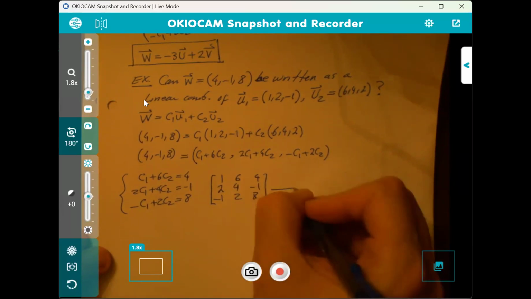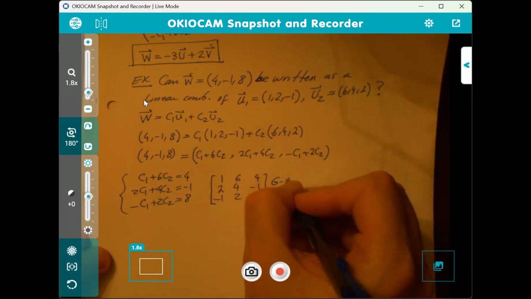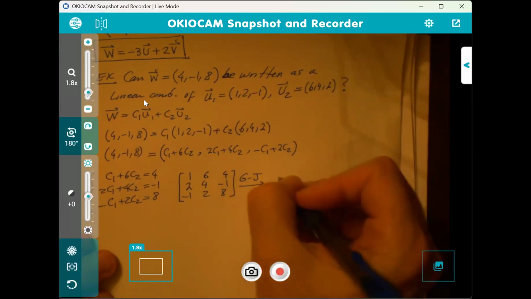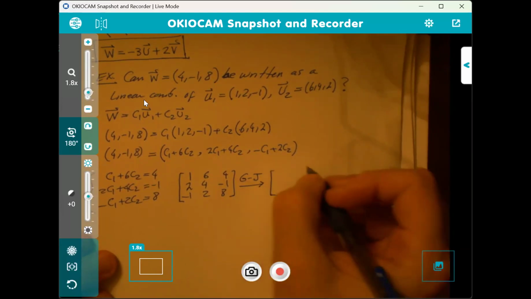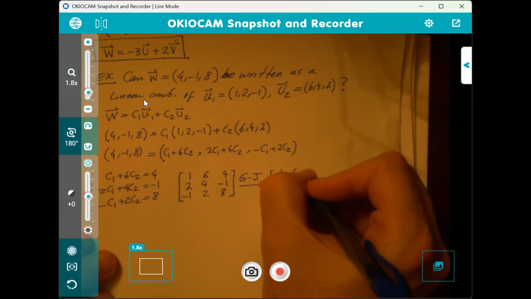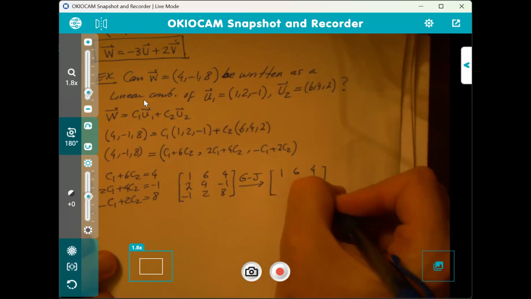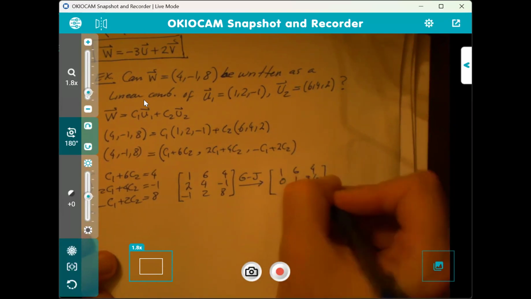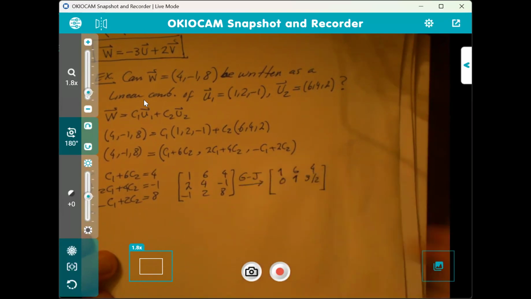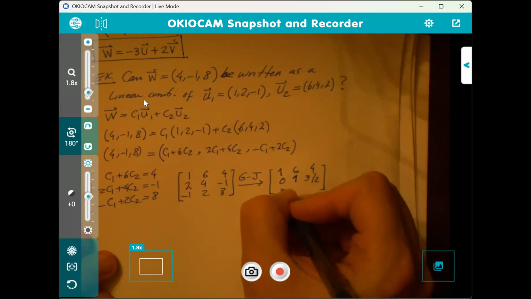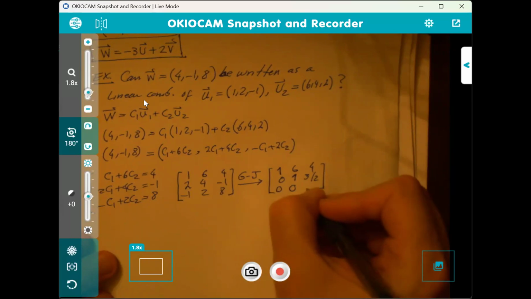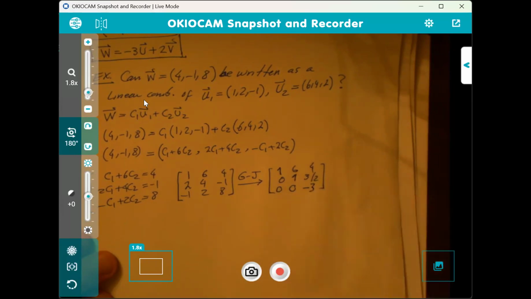Again, I ran this through Symbolab and did a Gauss-Jordan on this one, and look what it gave me. The first row ended up being 1, 6, 4. The second row turned out to be 0, 1, 3 halves. So I got my ones on the diagonal. Check out the last row: 0, 0, -3.